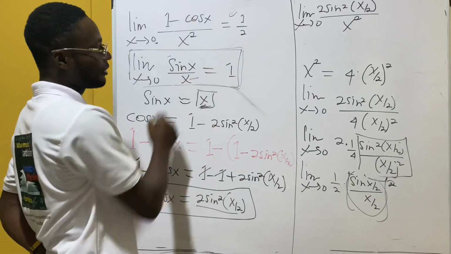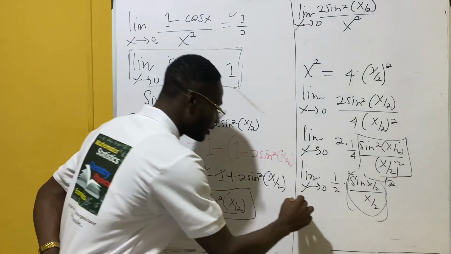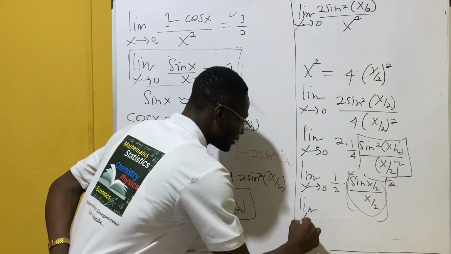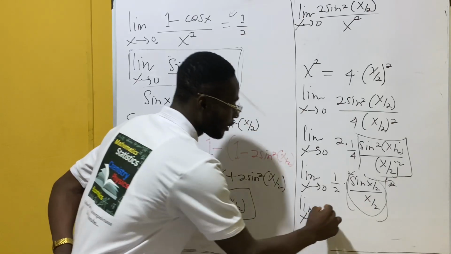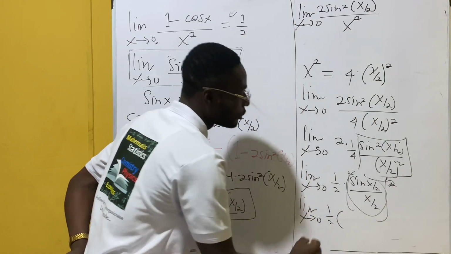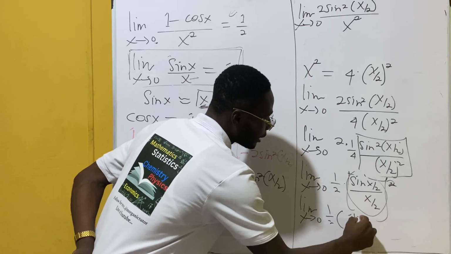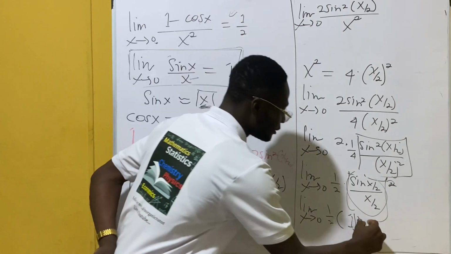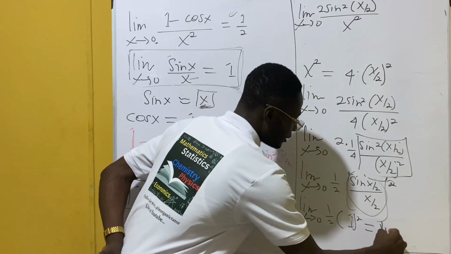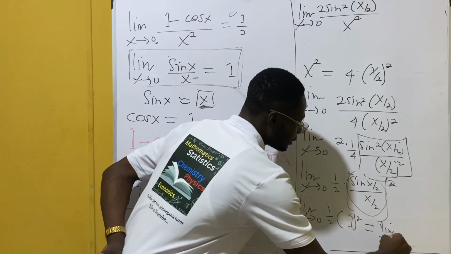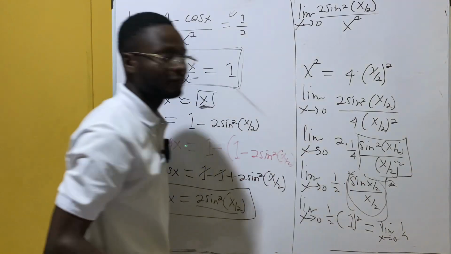So we say the limit as x approaches 0 of half times 1 squared, and that is equal to the limit as x approaches 0 of half.